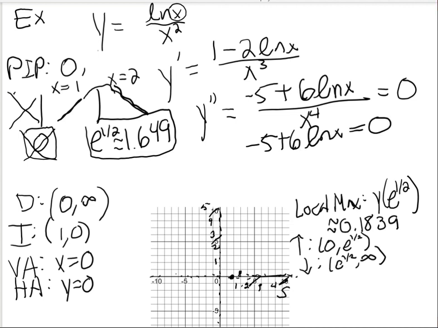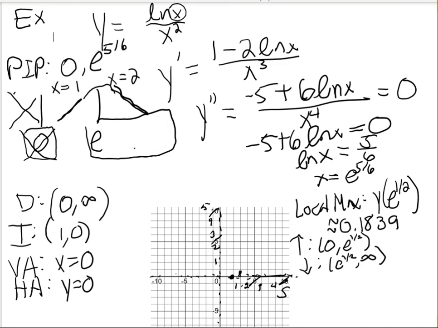That is natural log of x equals 5/6, or x equals e to the 5/6. So now we just need to test the concavity that we have. This is e to the 5/6, which is approximately 2.301.